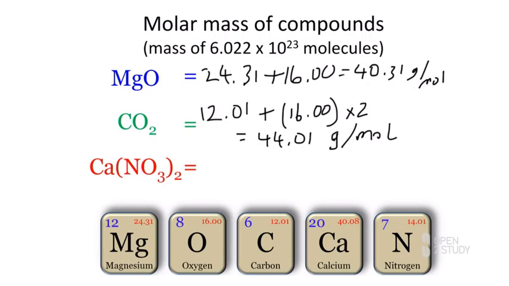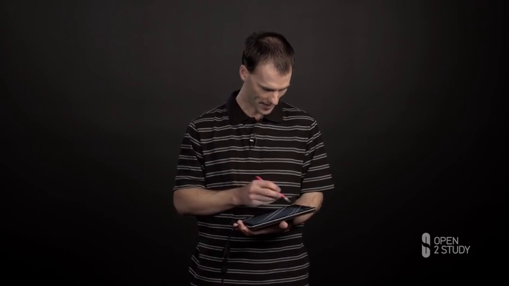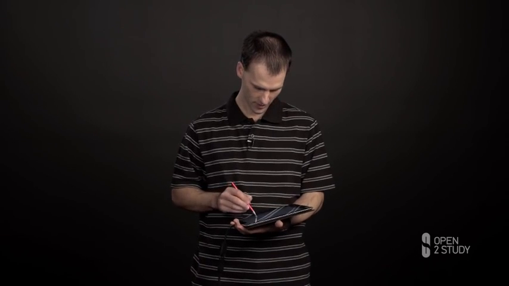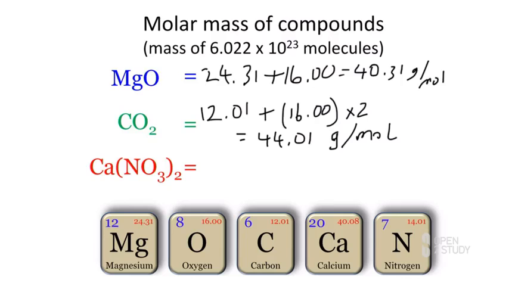One final example there, a larger molecule, looks a little bit scarier, but the principle is exactly the same. So we look up our calcium molar mass from the table down below, that's 40.08 plus. Now, got to be careful with our counting here. We've got nitrate here, but we've got 2 of them. So that means we've got 2 nitrogen and 6 oxygen.